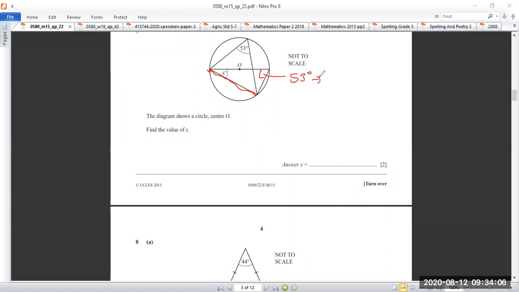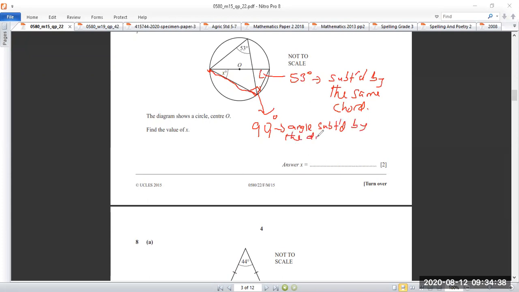This is also subtended by the same chord. And this angle here is 90 degrees. This is 90 degrees, because it is the angle subtended by the diameter.